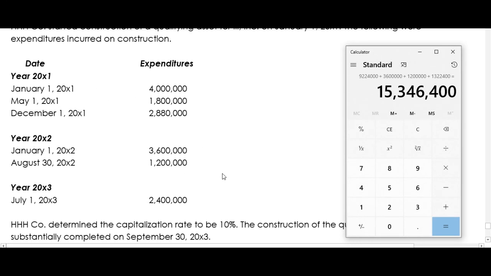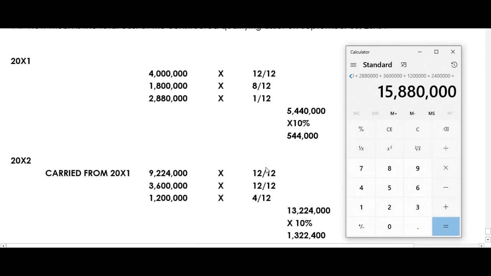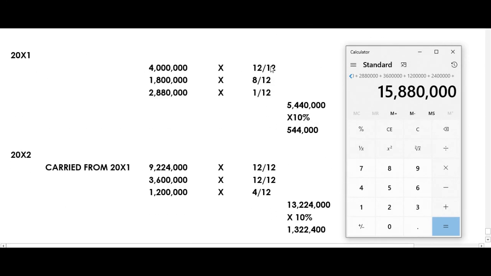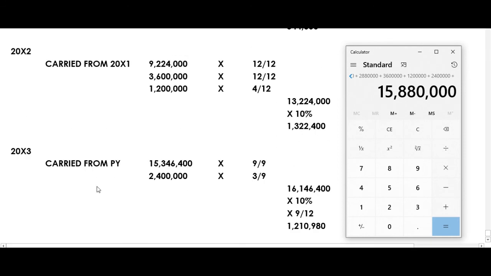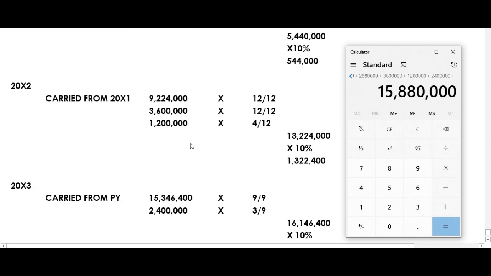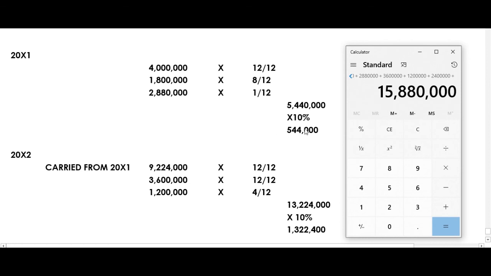So i-total na lang natin. 4 million plus 1,800,000 plus 2,880,000 plus 3,600,000 plus 1,200,000 plus 2,400,000 plus yung mga borrowing cost. Take note yung wini-weigh natin for purposes lang na makuha natin yung capitalizable borrowing cost. Pero pag tinatanong ka ng total na capitalizable cost, syempre actual cost incurred, di ba? Kaya i-total mo lahat ng actual cost incurred plus yung borrowing cost.